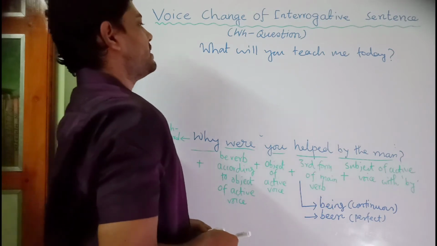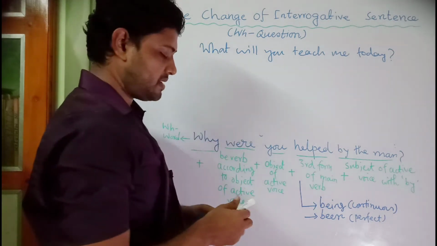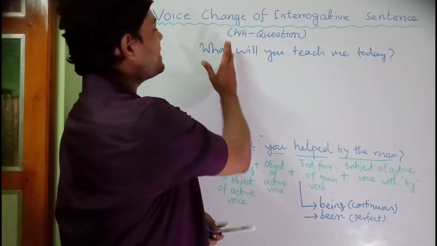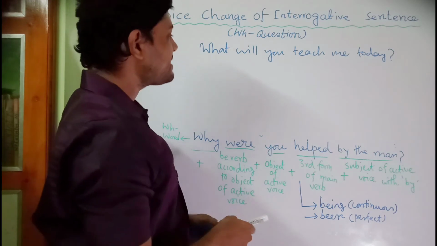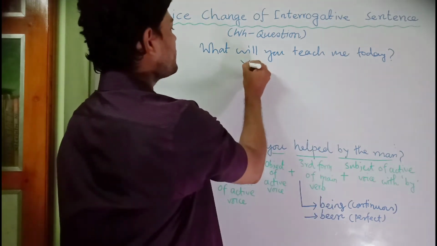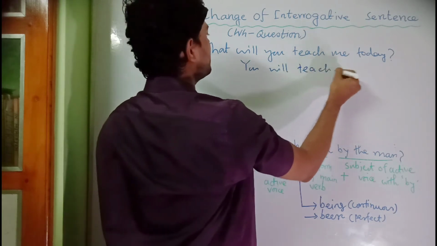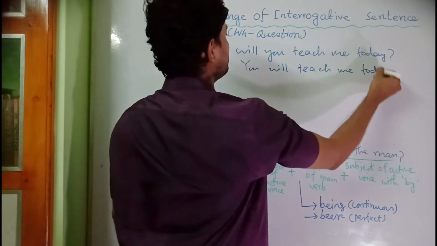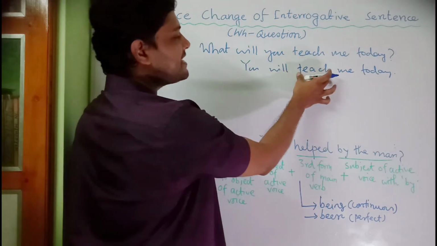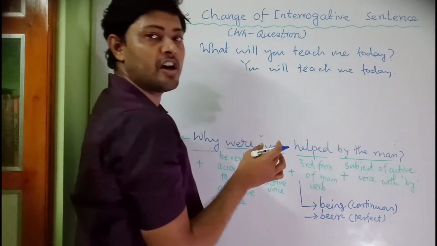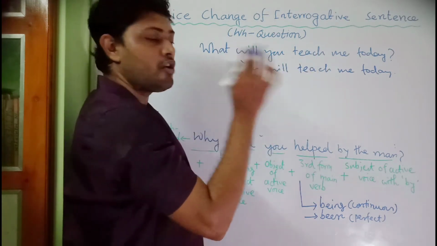Okay. So first forget about what, make it simple. So the sentence is, will you teach me today? In assertive sentence we know it will become, you will teach me today. Now who is the subject here? You. Teach is the main verb, me is the object, and will is the modal auxiliary.